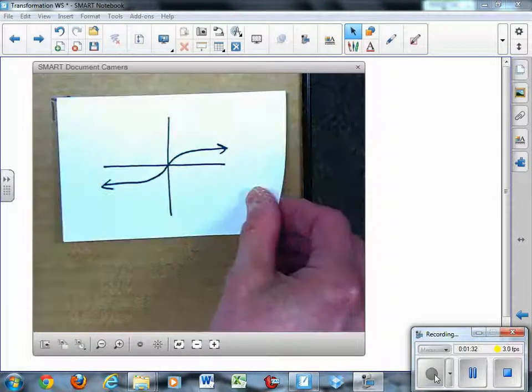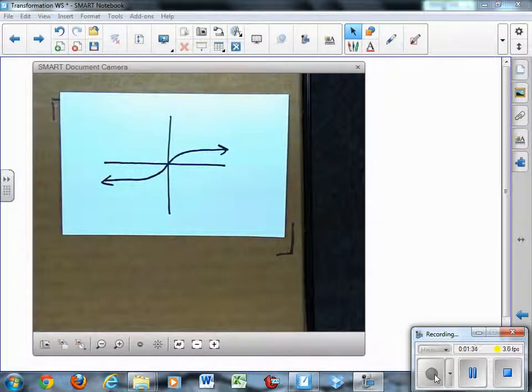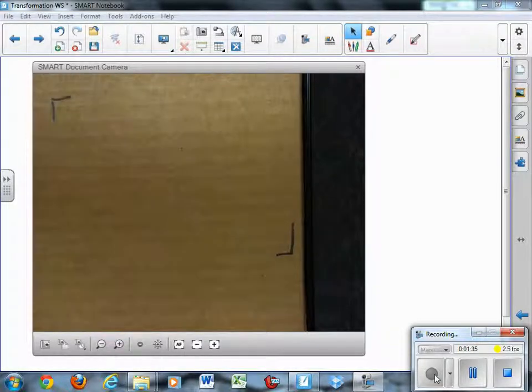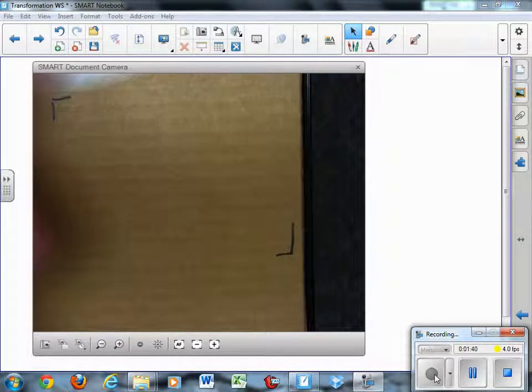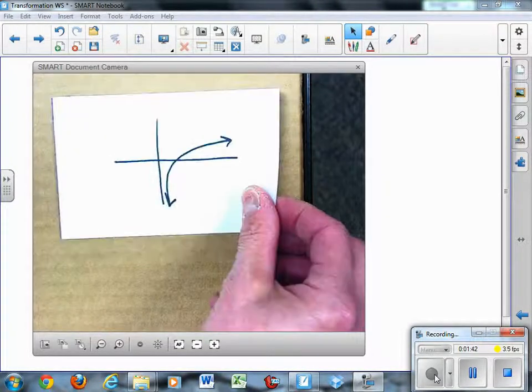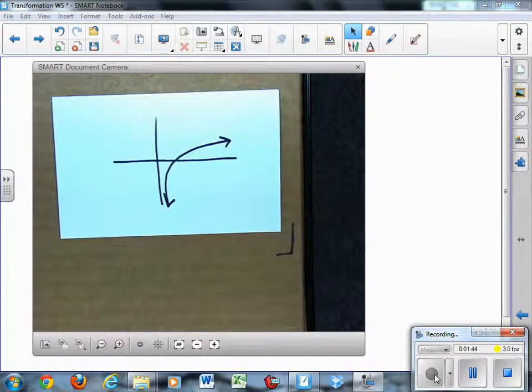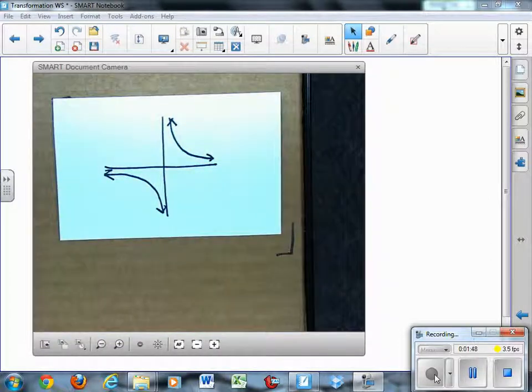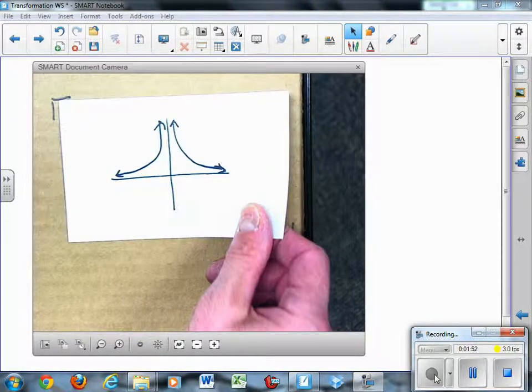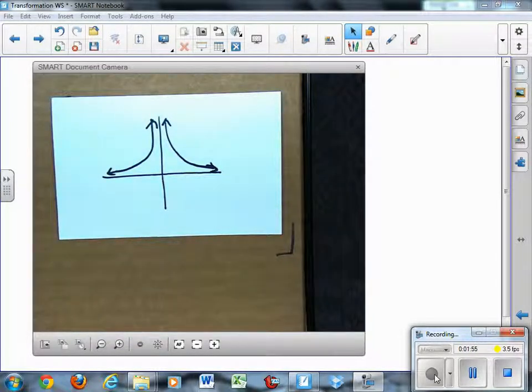F of x equals the cube root of x. F of x equals 2 to the x. F of x equals log base 2 of x. F of x equals 1 over x. And f of x equals 1 over x squared.